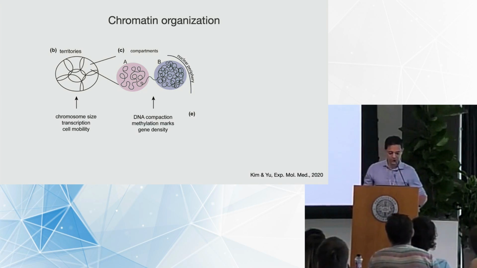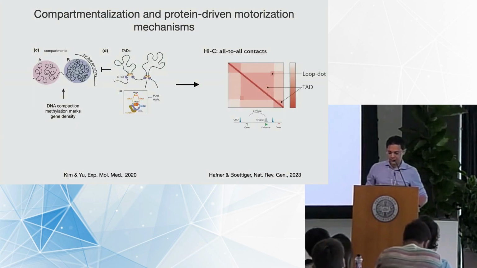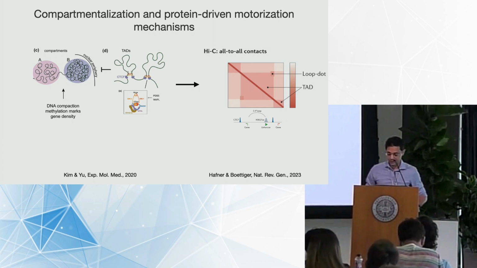But within these compartments, we also have another level of organization where the chromosome, this polymer, crumples onto itself. It condenses mainly by protein complexes, as you can see here. So we have compartmentalization, shown here on the left, which is one of the mechanisms that could drive this chromosome organization.